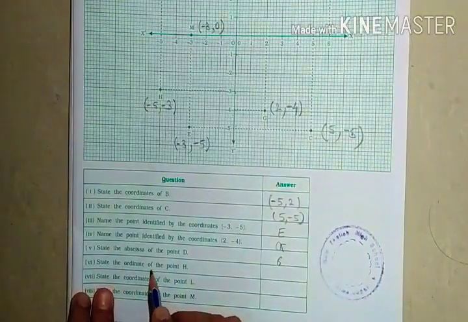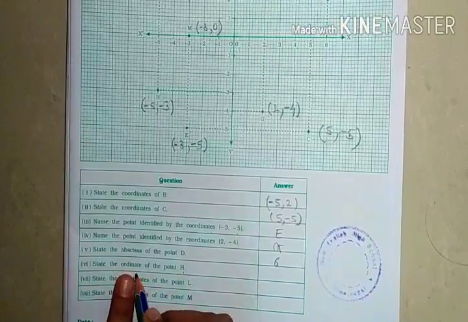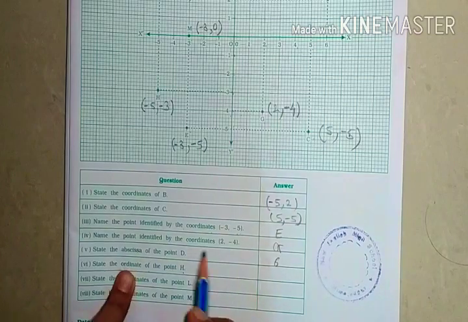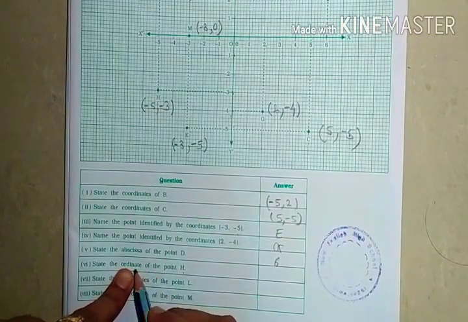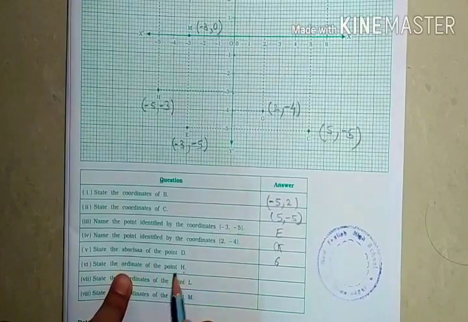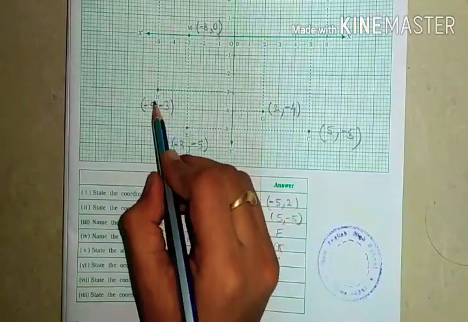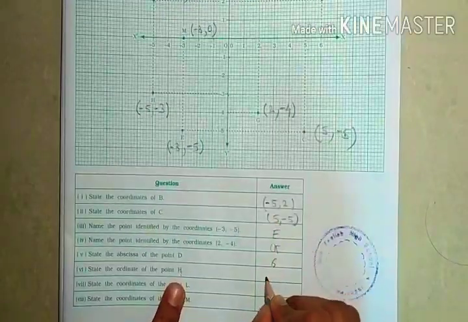State the ordinate of the point H. Remember students, ordinate means the y coordinate of point H. Ordinate of H means the y coordinate of H. Where is H? Here is H. The y coordinate of H is equal to -3.